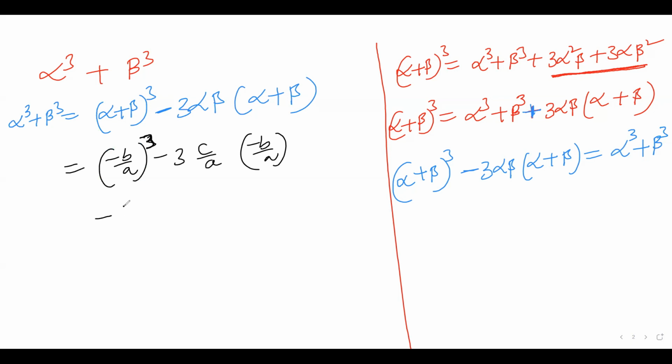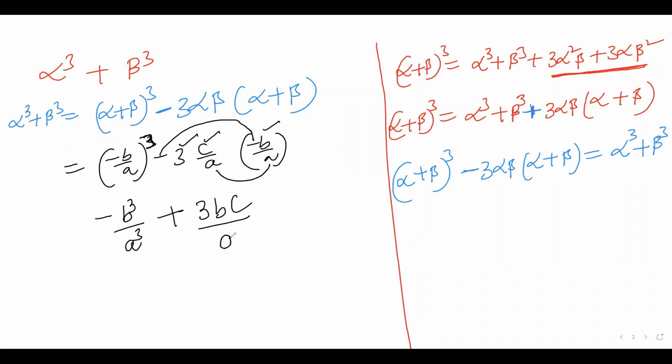So minus b cube by a cube, minus into minus plus, numerators multiplied 3bc, denominators multiplied a into a square.